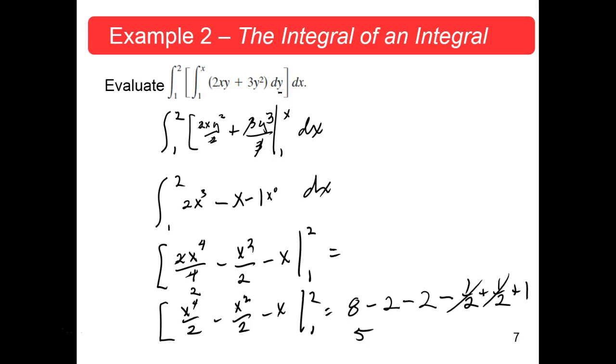Okay? And then add your positives, 9. Subtract your negatives, minus 4, positive 5. Okay? That's definite integration. F of B minus F of A. Okay. Now, let's see how they did it.